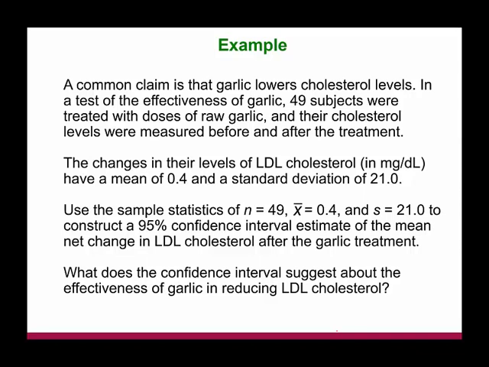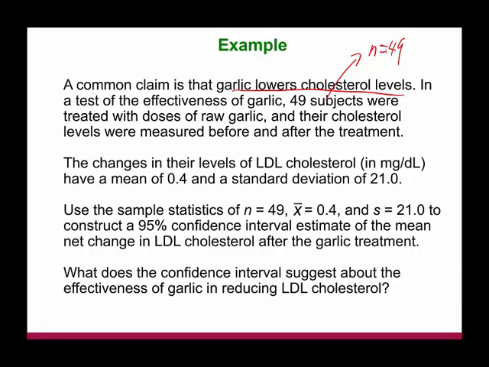So let's take a look at an example. A common claim is that garlic lowers cholesterol levels. In a test of the effectiveness of garlic, 49 subjects, so sample size 49, were treated with doses of raw garlic, and their cholesterol levels were measured before and after the treatment.